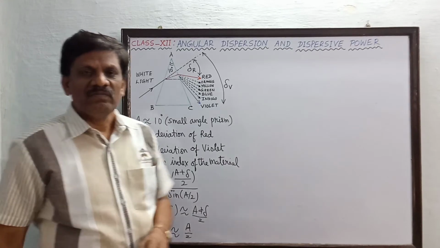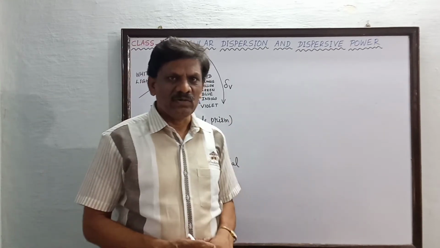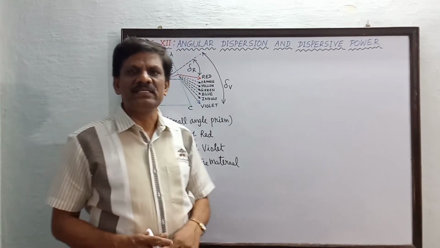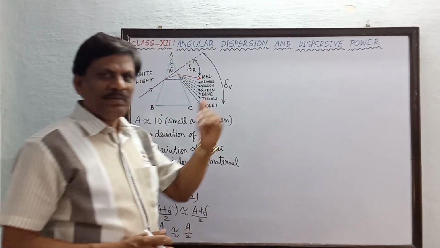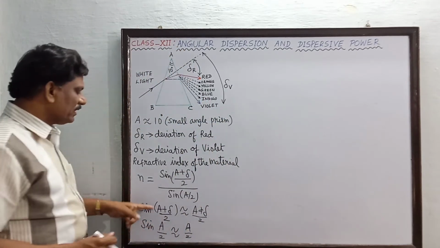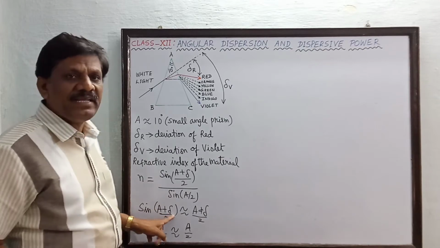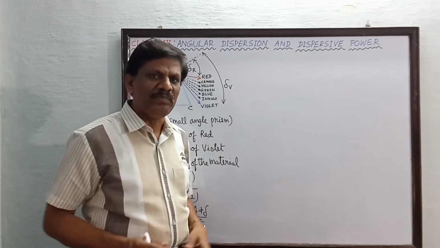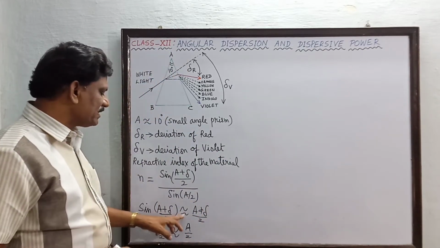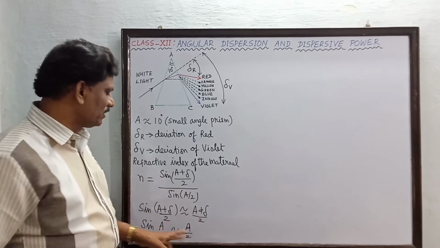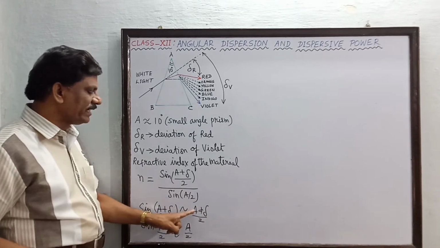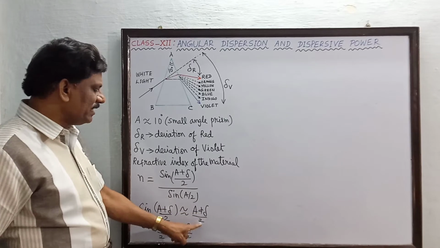Because when theta tends to 0, sine theta by theta is equal to 1, as you must have studied in mathematics. So when the angle A as well as the deviation delta are both very small, the sine of the angle is nearly equal to the angle itself. So I have written sine of (A plus D) by 2 is equal to (A plus D) by 2.